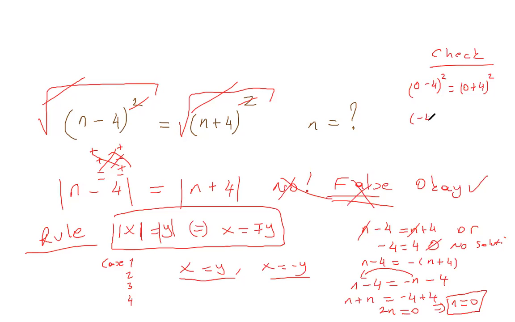So negative 4 squared, 4 squared. So 16, 16. That means it is satisfied. We are done. Finished. Okay? So what I want you to do is memorize this. Just let me finish. Memorize this.